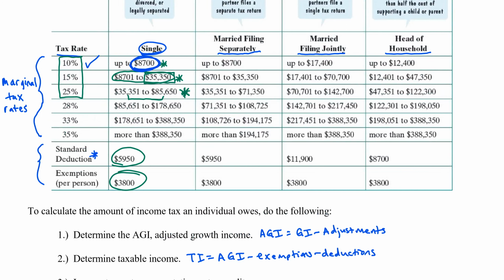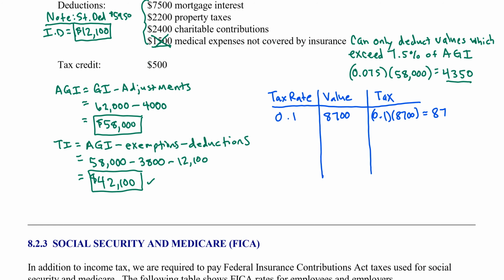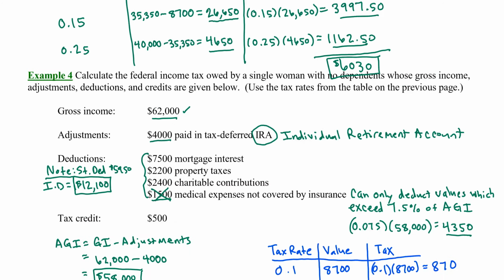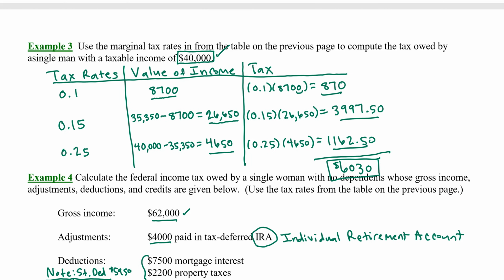$8,700 is in the 10% tax bracket. Okay, so we're going to calculate 10% of 8,700, 0.1 times 8,700 is $870. Notice that's the same as our single man up here. That's always going to be the same as long as your income exceeds $8,700.